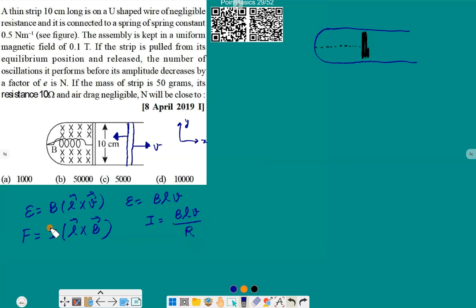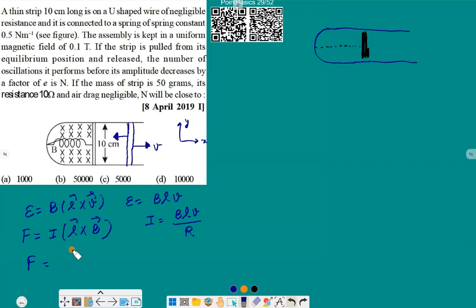This is the current. If we have a conductor carrying a current of this value, and that conductor is moving in the magnetic field, then the force acting on it is given by IBL, as L and B are at 90 degrees to each other.